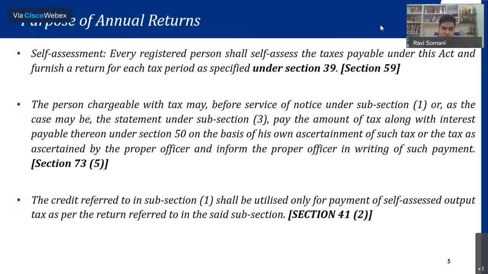When it is a self-assessment, when the entire mechanism you are telling is that it is a last opportunity for you to disclose and declare and correct your mistakes and errors. On the second part, you are saying that you cannot utilize your input tax credit, with no rectification mechanism given for your monthly returns, and that too capping a time limit for rectifying details, and no mechanism or system of revising your monthly returns.